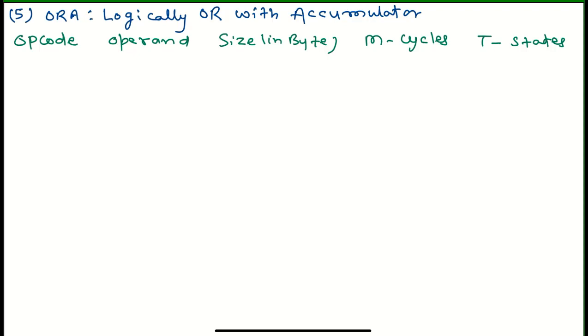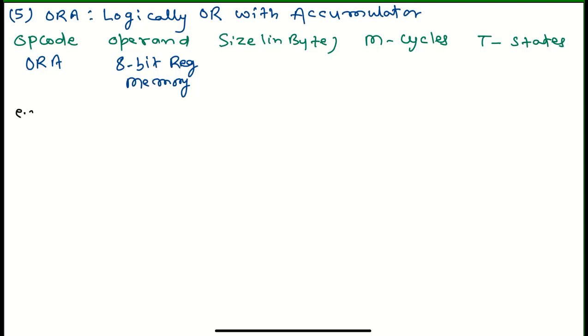So here the opcode for this instruction will be what? The opcode for this instruction is ORA, and the operand will be either an 8-bit register or memory. We can understand this instruction with much more clarity with an example.